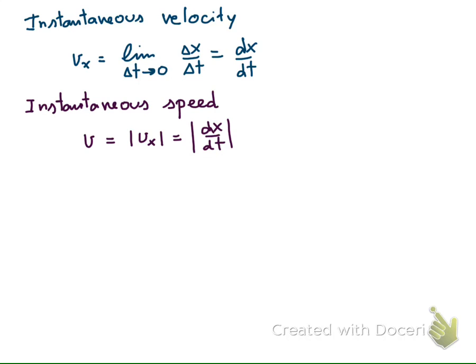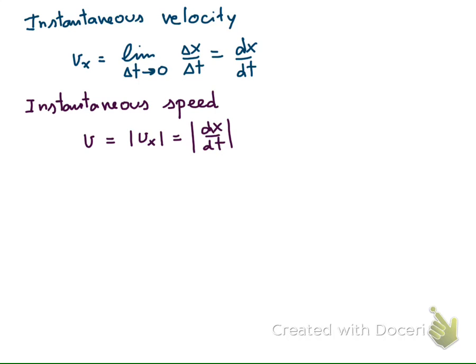If we say speed, it means instantaneous speed. If we want to specify the average velocity, we have to specify that it is the average velocity. But if we say velocity, it means the instantaneous velocity, and the same also for the speed.